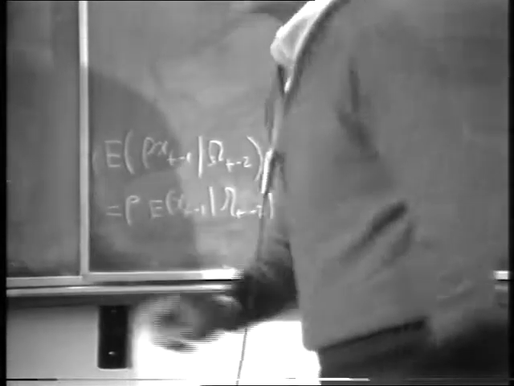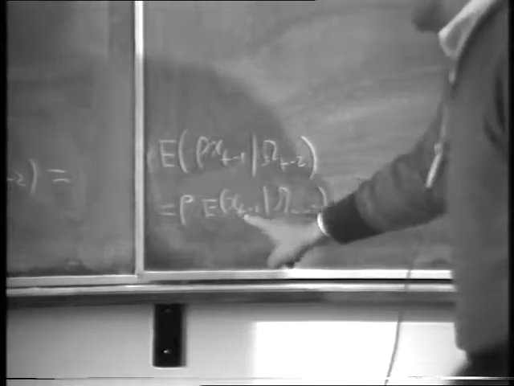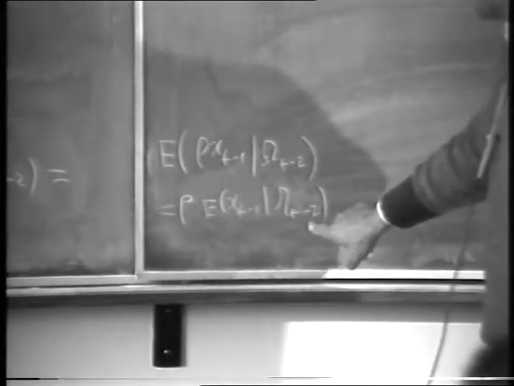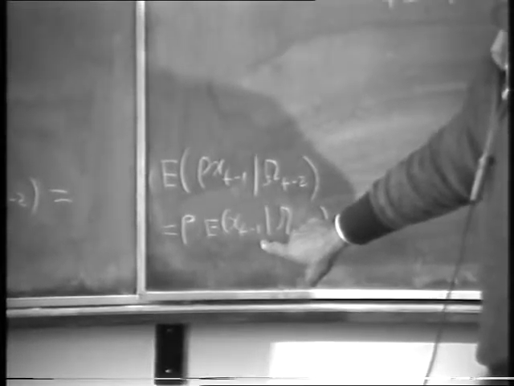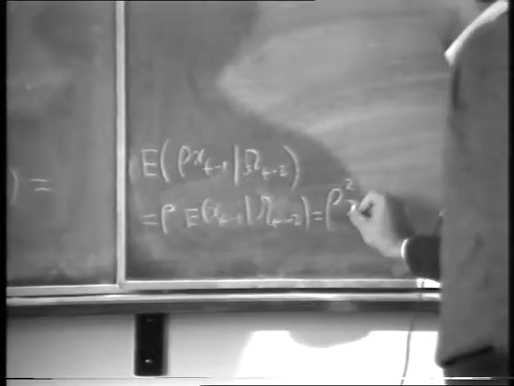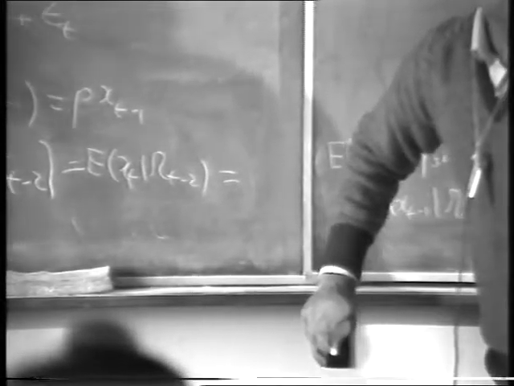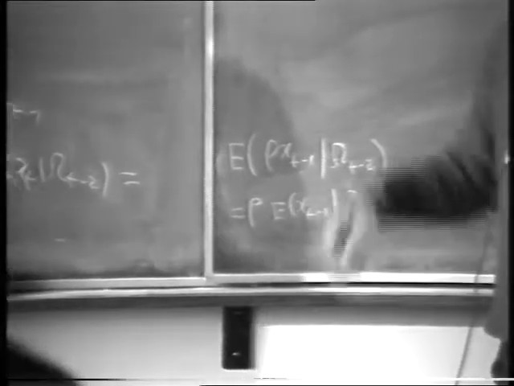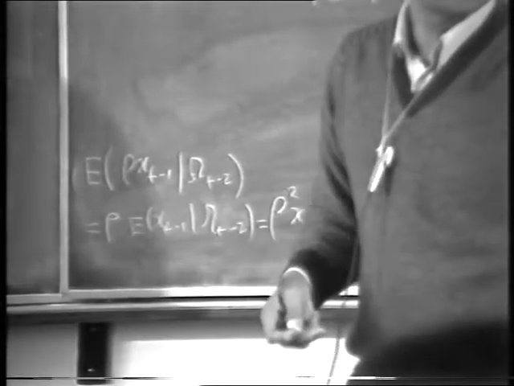Remember, we can take the constant out. And this is based on the conditional expectation at t minus 2, so that has to be equal to rho xt minus 2. So the whole expression becomes rho squared xt minus 2, which would be exactly the same if we directly calculated it. So it's useful when you want to take expectations in an iterated way. It helps you in that sense.